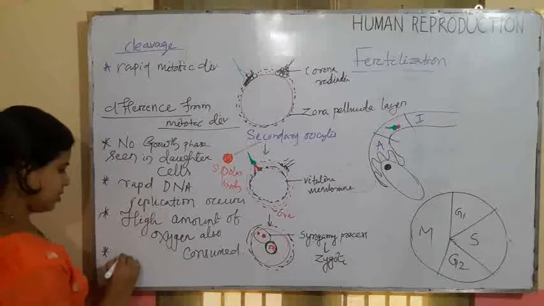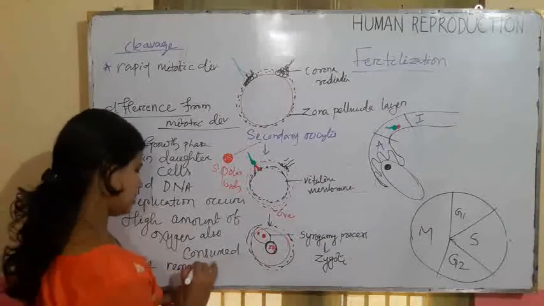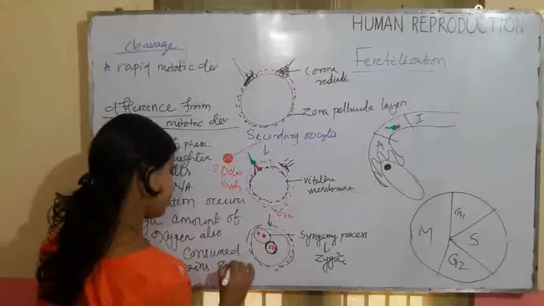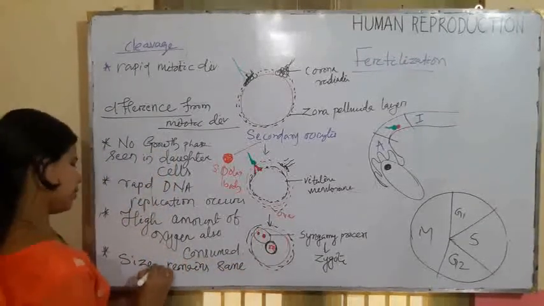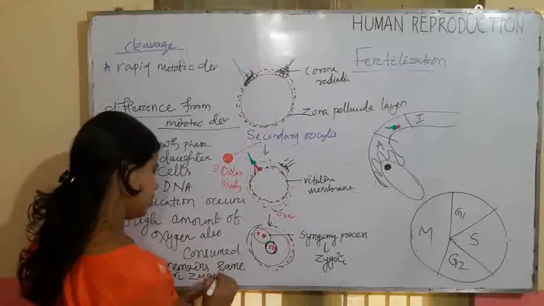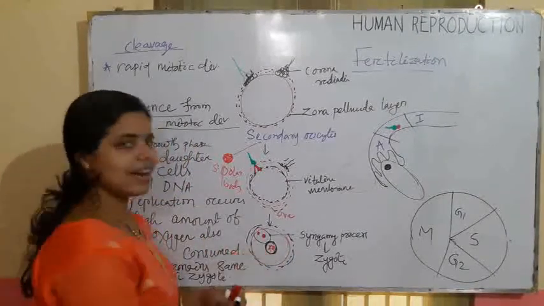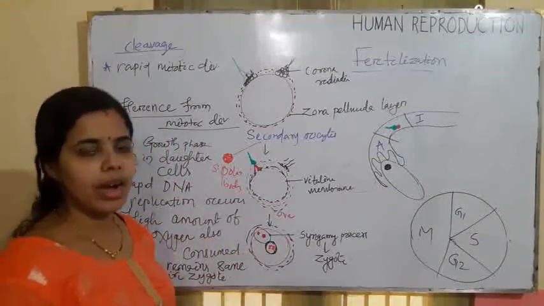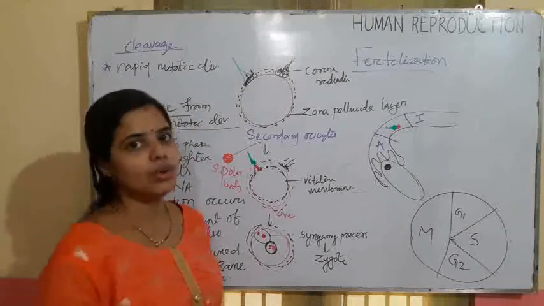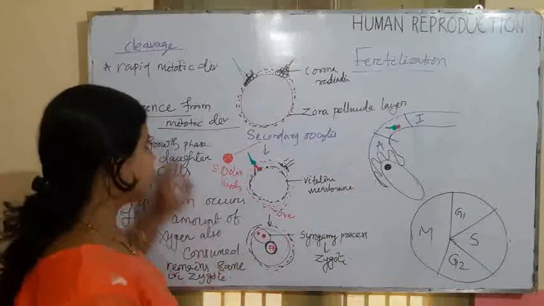That means you can write here: size remains the same as in the zygote. The single cell divides into a number of cells, but there is no enlargement of the cells due to cleavage.